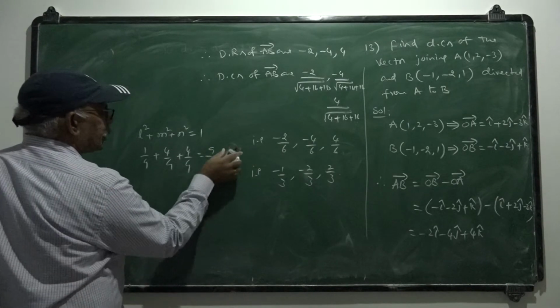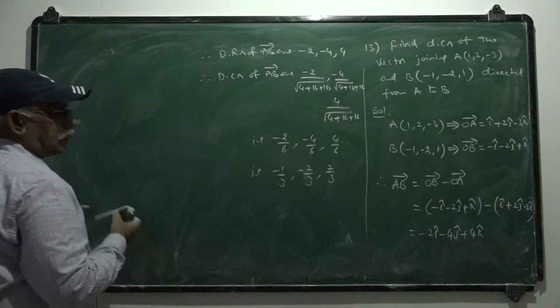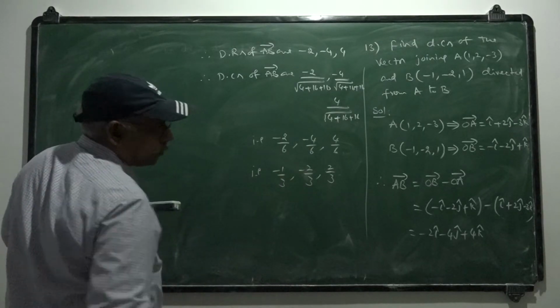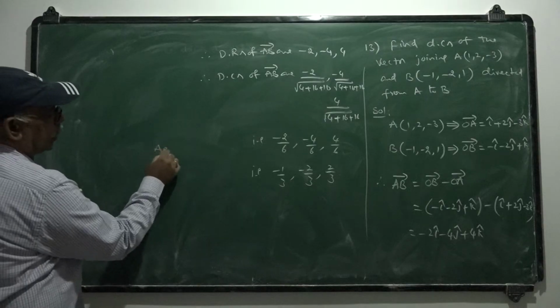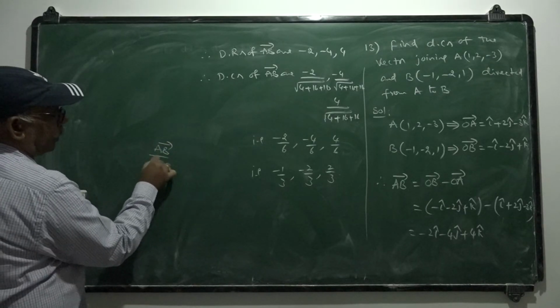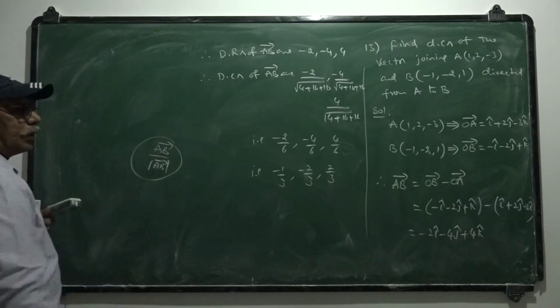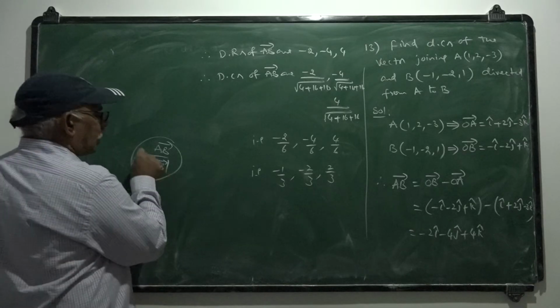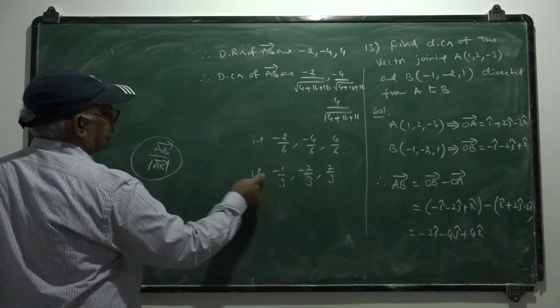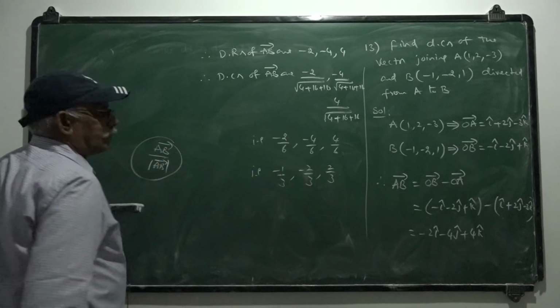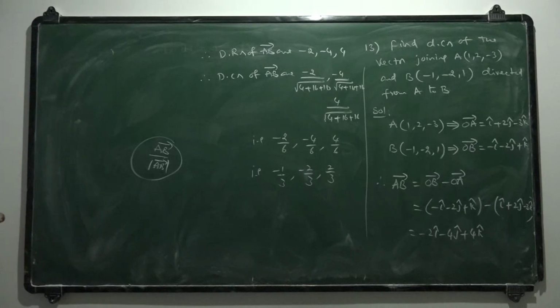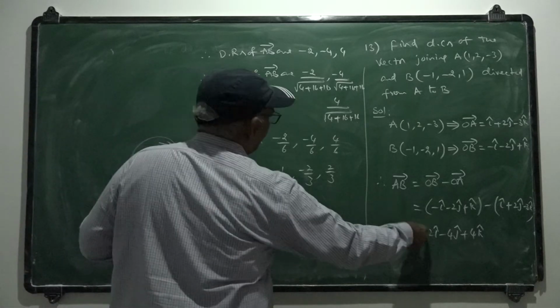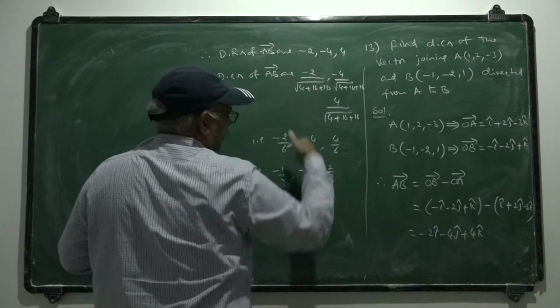So the direction cosines of the vector are obtained by the ijk components of the unit vector along that vector. The unit vector parallel to that vector gives us the direction cosines of that vector. Otherwise, straight away write DRs and find DCs.